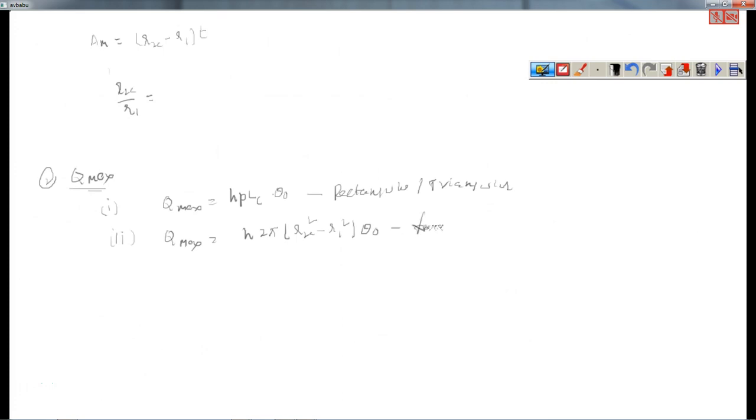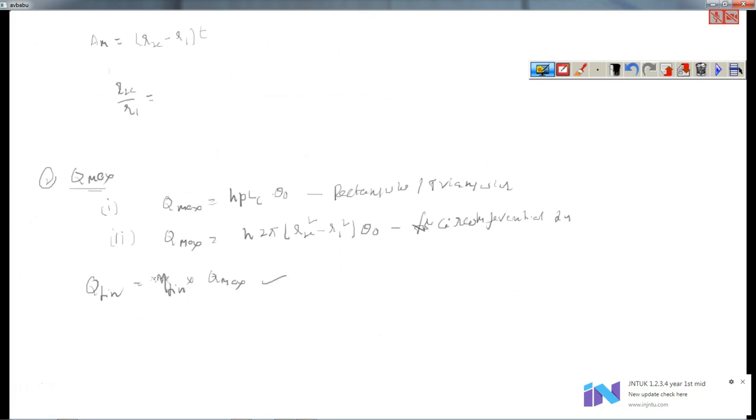This is for a circumferential fin. So you have calculated Q max. Now once you calculate Q max, I'll be finding out Q fin is equal to efficiency of a fin into Q max. So this is going to give that Q fin.